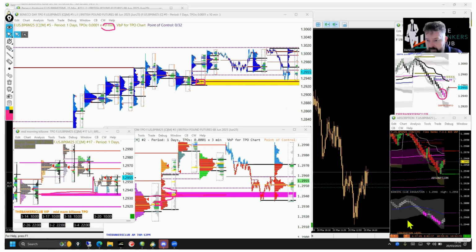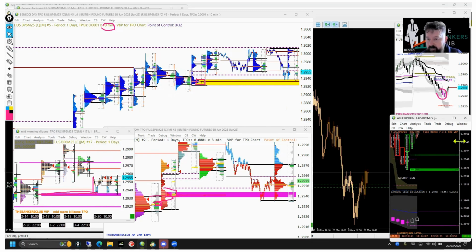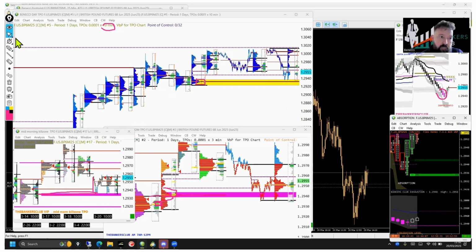And also, I'll make this bigger, on the absorption chart, we can see not only did my absorption study trigger right in this area of interest into that 1 hour demand zone. So not only did that trigger, but you can see this green rectangle there with all those big numbers in it.